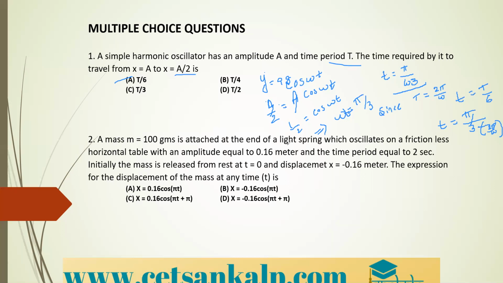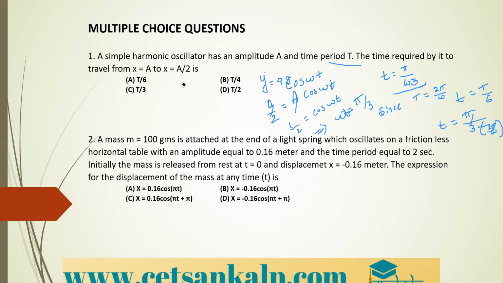Next. The next question is, a mass of 100 gram is attached at the end of a light spring which oscillates on a frictionless horizontal table with an amplitude equal to 0.16 meter and the time period is equal to 2 seconds.